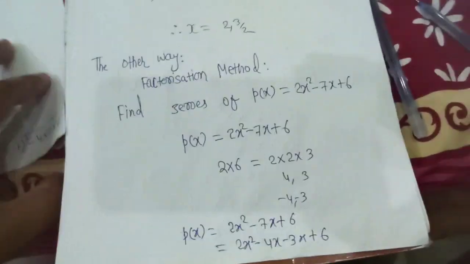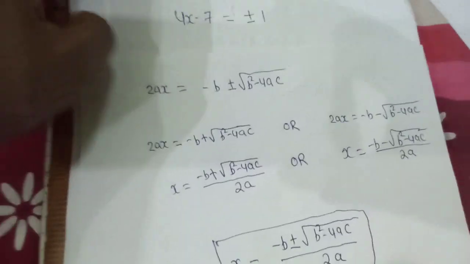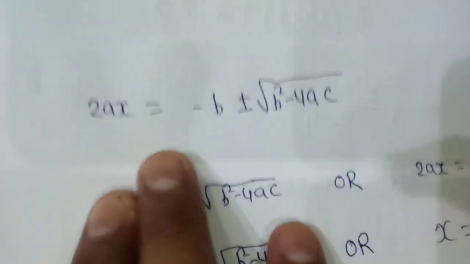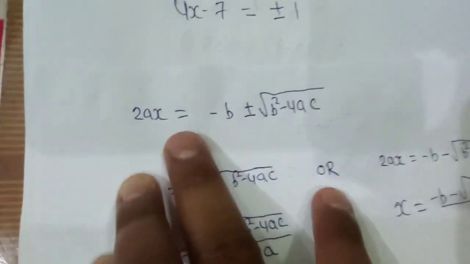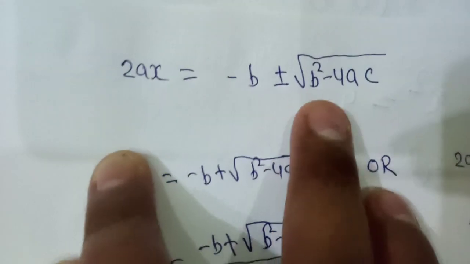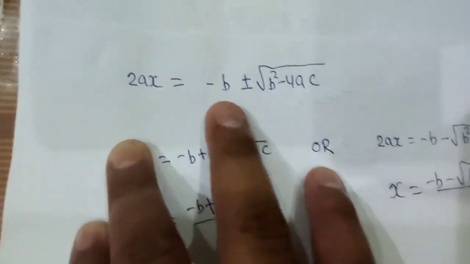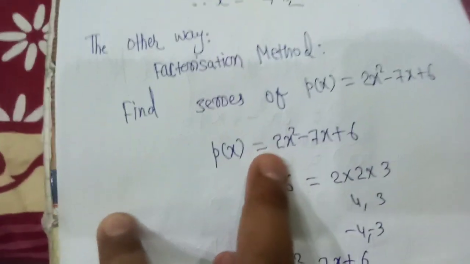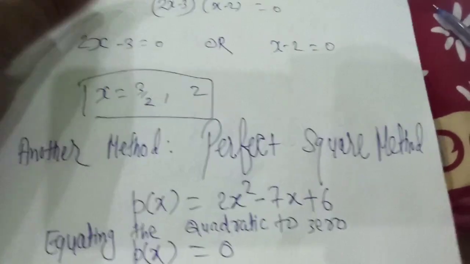In NCERT, to understand how we arrive at this quadratic formula, they have asked to find the zero of the quadratic by the perfect square method.